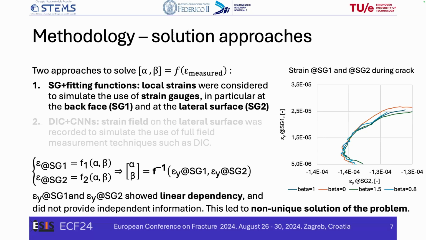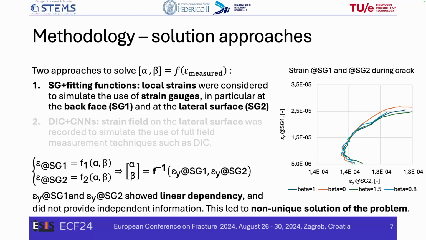In particular, it is a problem that we aim to solve with the local measurement using two strain measurements, one at the back face and the other on the lateral surface, and different positions have been considered in these studies. However, the strains measured for different scenarios lead to strains measured at the two localizations which are linearly dependent, and therefore they do not provide independent information.